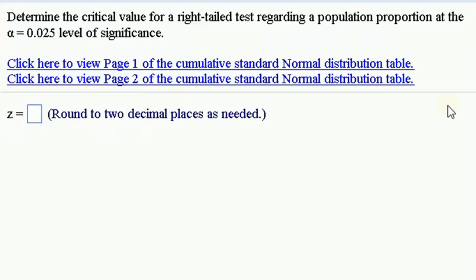If it's in the rejection region, then you reject the null hypothesis, and that's the procedure. So from a significance level, say in this problem alpha 0.025, we want to get a critical region for a right-tailed test.